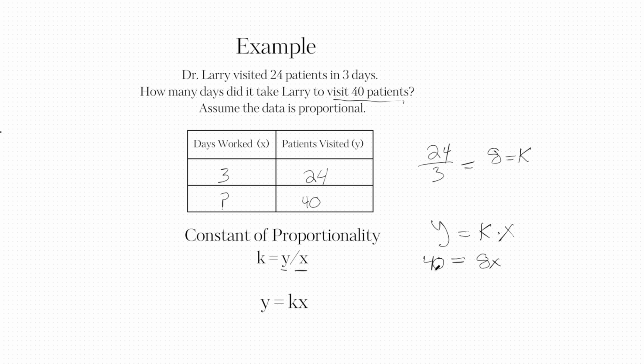So 40 equals 8 times x. Now I'm going to solve this equation. I'm going to divide by 8 and divide by 8, and 40 divided by 8 gives us 5. So we now know that it took Larry 5 days to visit 40 patients.